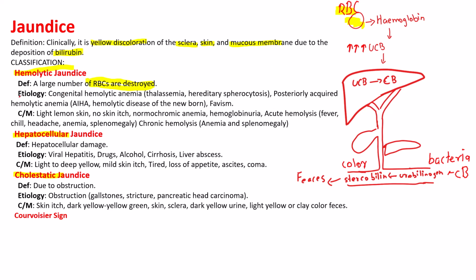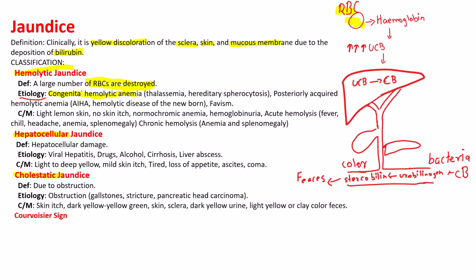Now we are going to discuss its etiology, meaning the causes of hemolytic jaundice. From this we can understand that every disease that can destroy our red blood cells in large amounts leads to hemolytic jaundice. So here we have congenital hemolytic anemia.